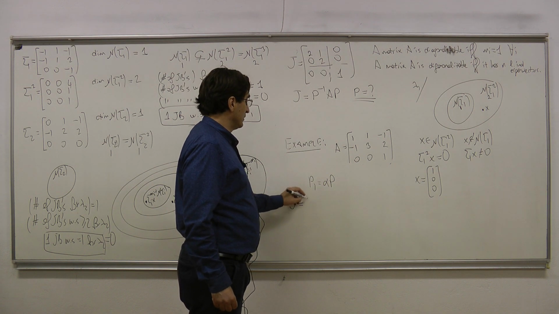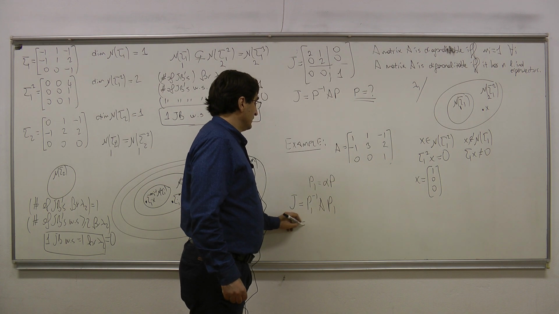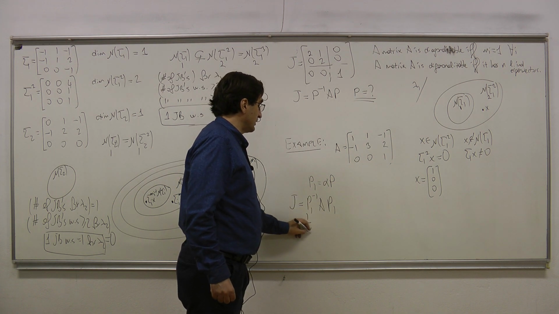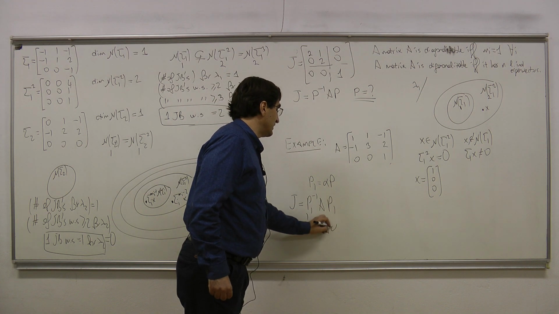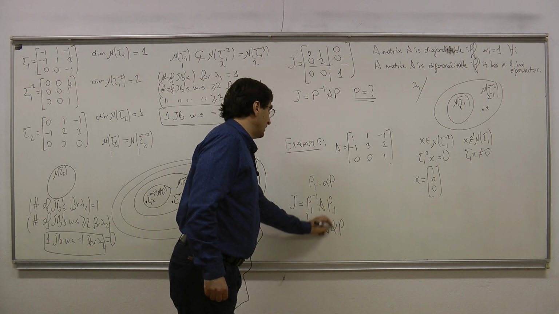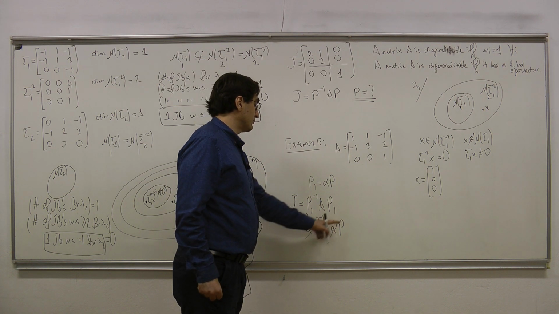J is equal to P1 inverse A P1. Then P1 inverse is 1 over alpha P inverse, and then A times P1, alpha P. So the alphas are cancelling. Alpha should be non-zero. So I get P inverse AP.